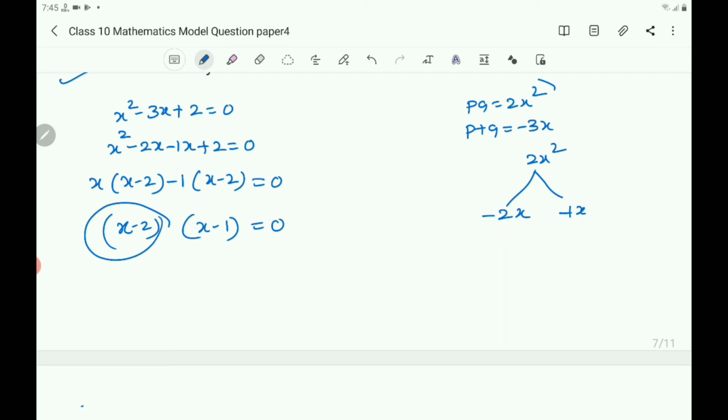Then equate this equals 0 and this also equals 0. You will get two linear equations and solve. x minus 2 equals 0 or x minus 1 equals 0. So x equals 0 plus 2, 2, or x equals 0 plus 1, 1. Here you got the roots of the quadratic equation, 2 and 1.